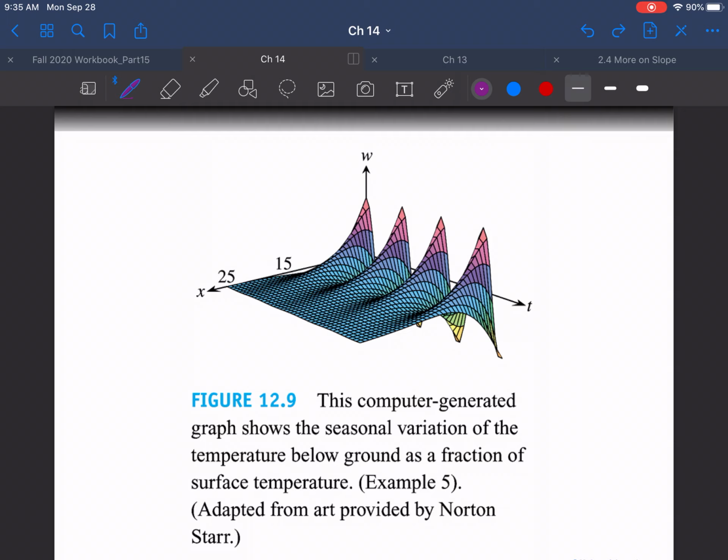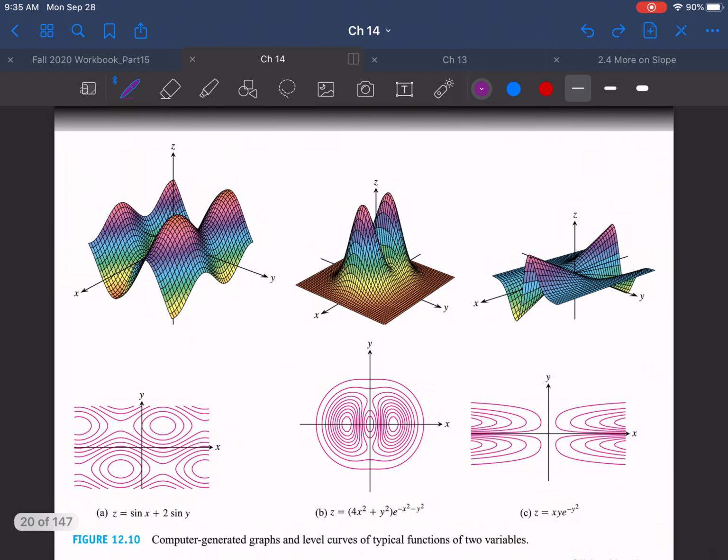Here is a nice little graph showing you this three-dimensional graph going through with different curves. Here are some more of them. You can see the actual three-dimensional graph and then the contours down below it. Again, these are just x, y, and z functions, so they're three-dimensional. You can see that the combination of these two pictures is helpful.